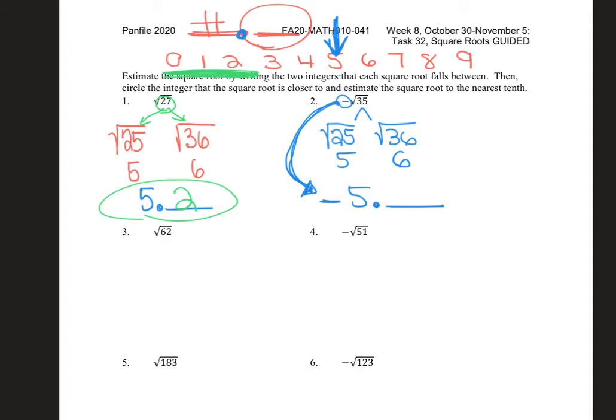Now, is 35 closer to 25 or 36 as a number? 35 is really, really close to 36, which means that it's probably going to be up here. And probably just right here, either 8 or 9. So you can either put negative 5.8 or negative 5.9, and I'm going to go with negative 5.9.